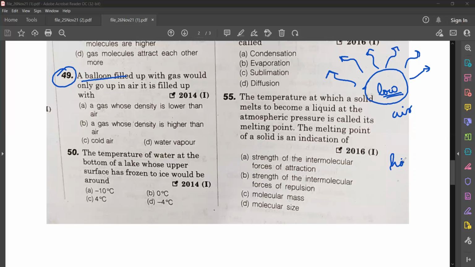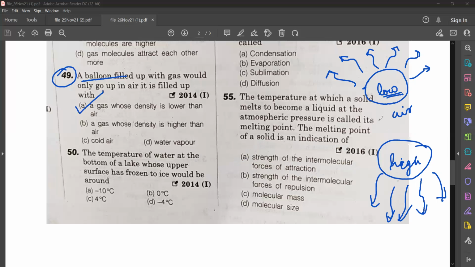If the density of the balloon is high, it will fall down. So the answer is gas whose density is lower than air. That means if we keep a denser gas inside the balloon, it will go down. You have to keep a less dense gas inside the balloon, then only it will go up.